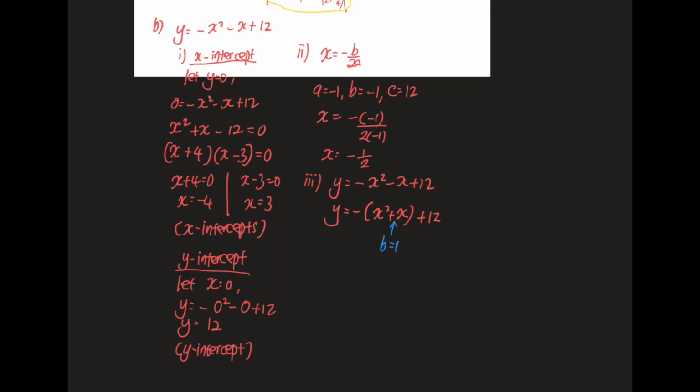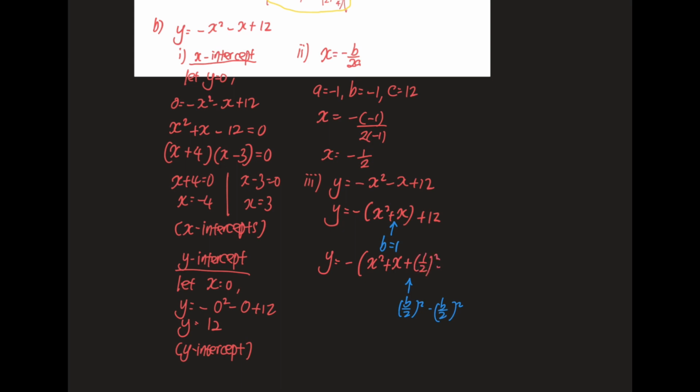Now, we have to recognize the b. The b is 1. As there is no number there, that means 1. So I have to add b over 2 now. x squared plus x. Okay, now I have to put here b over 2 squared and minus b over 2 squared.